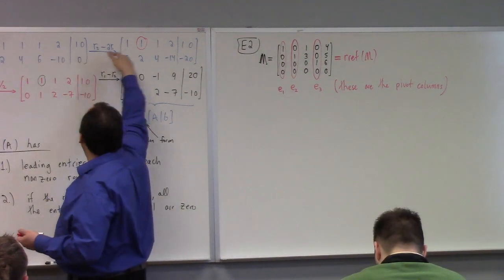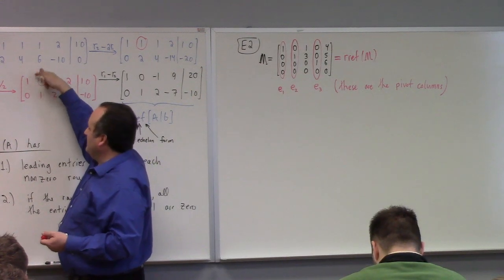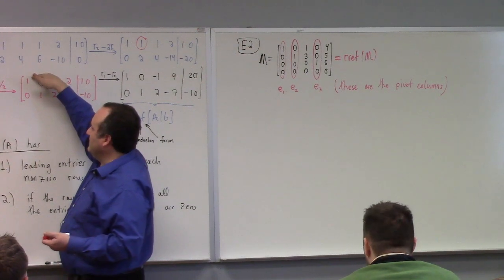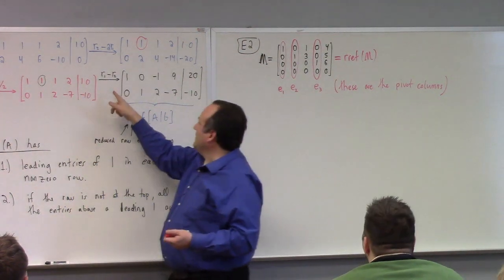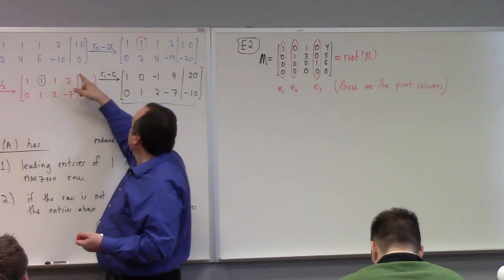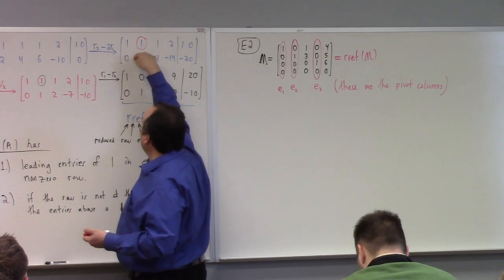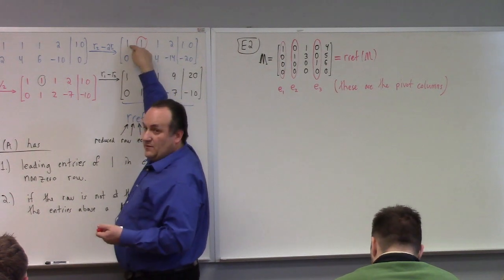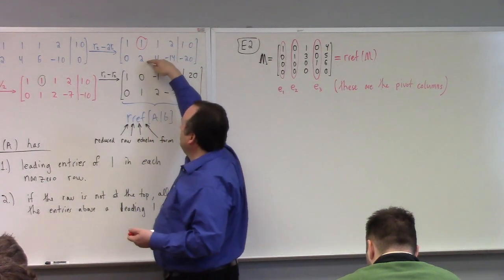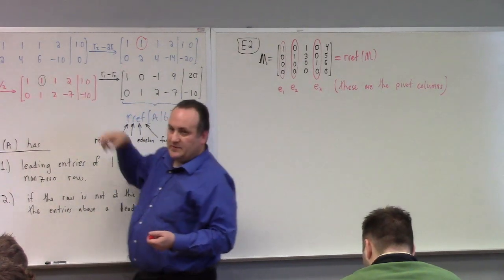Like my third step back over here, my first pivot position was the upper left top corner of the matrix, and I subtracted twice row 1 from row 2 to get rid of the non-zero thing below the leading one. That's pivoting. And then I was pivoting on this position next, to sweep out the one above it.